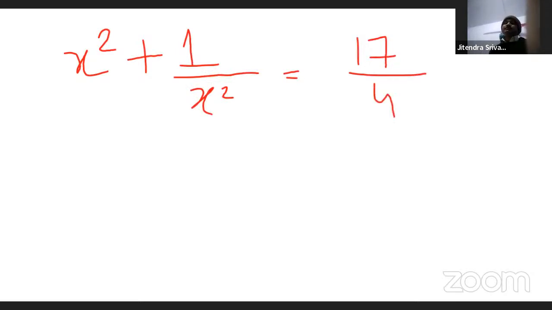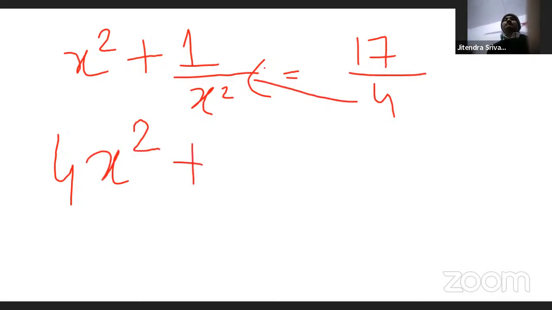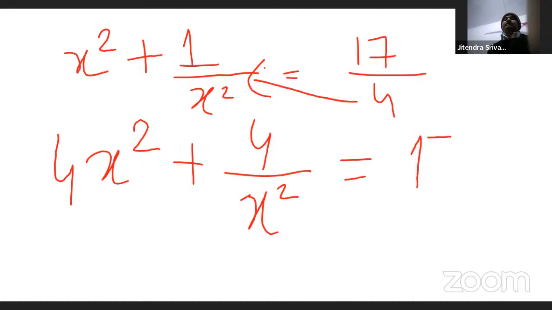Now what we will do, we will multiply 4 to this side. So it will be 4x square plus 4 upon x square equals 17.